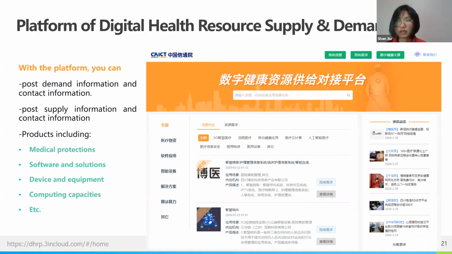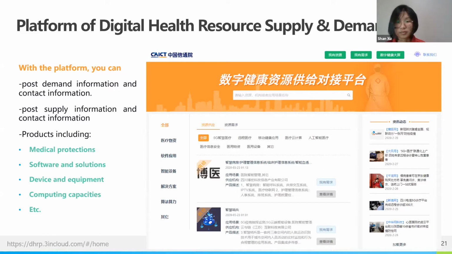Besides that platform, CICT also developed a posting platform at the very beginning of the outbreak. With the platform that I have shown in the slides, you can post demand information and supply information, as well as your contact, to dock the supply and demand of digital health resources.